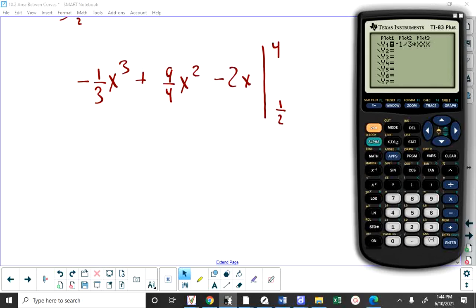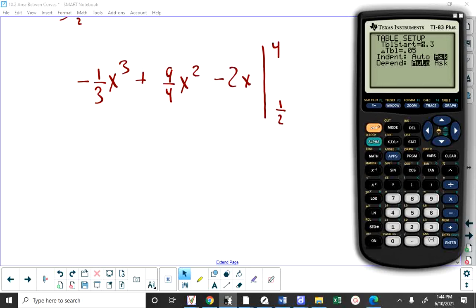I'm going to put it in for y and just use my table to generate the values at 4 and 1/2, and then we can go from there. Negative 1/3 x cubed plus 9/4 x squared minus 2x.